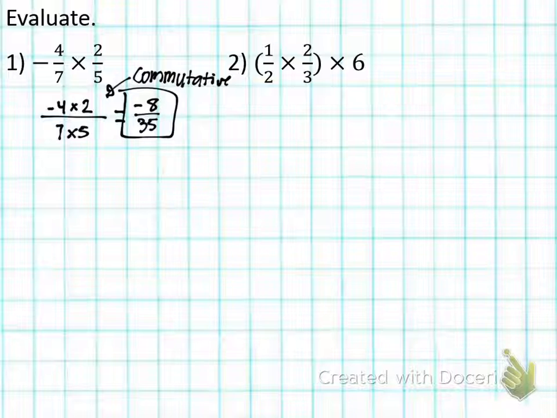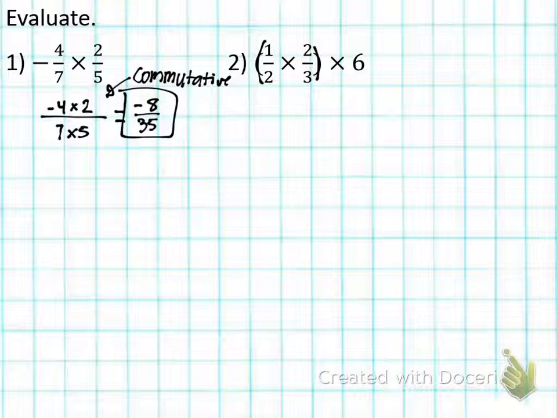So that's number 1. Look at number 2. We have 1/2 times 2/3, all times 6. Wow, that looks kind of hard, right? If you notice here, these two fractions on the left are grouped together. But thankfully, we have the associative property of multiplication here. 1/2 times 2/3 is kind of a hard problem to deal with, so I want to move some things around before I start working this problem.